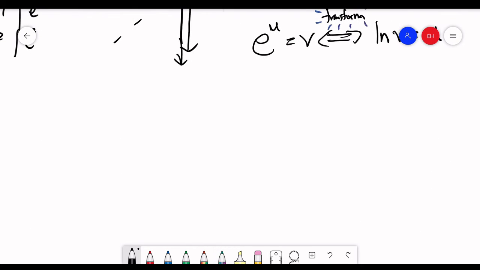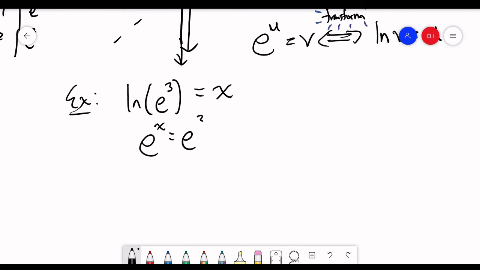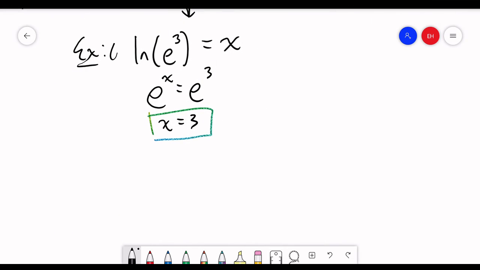All right, we'll do a couple of examples solving logarithms without using our calculator, because, I don't know, it's probably not that useful, but still. Example A: ln of e cubed equals x. I transform it: e to the x equals e cubed, so x is 3. Example B: the natural log of 1 equals x.